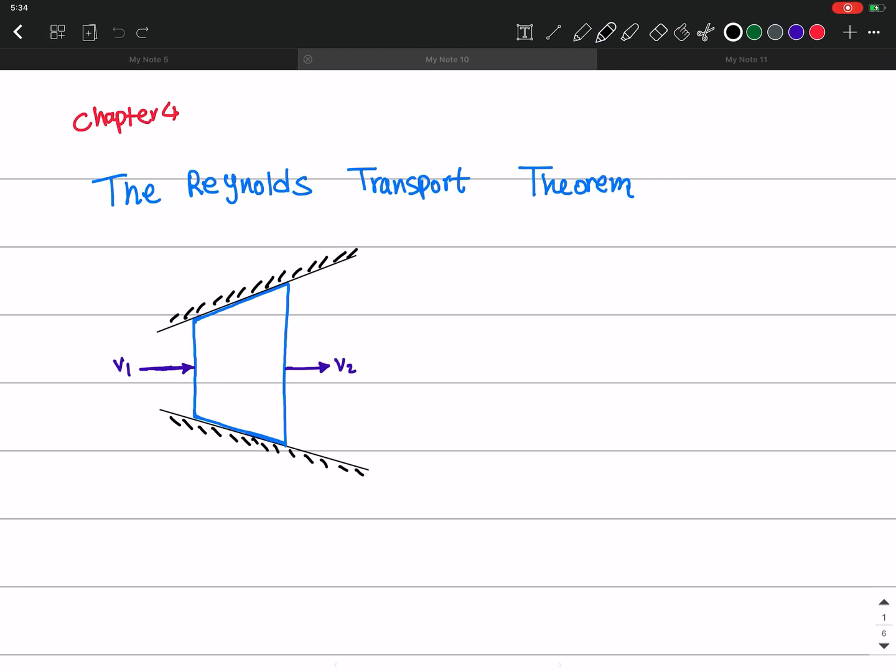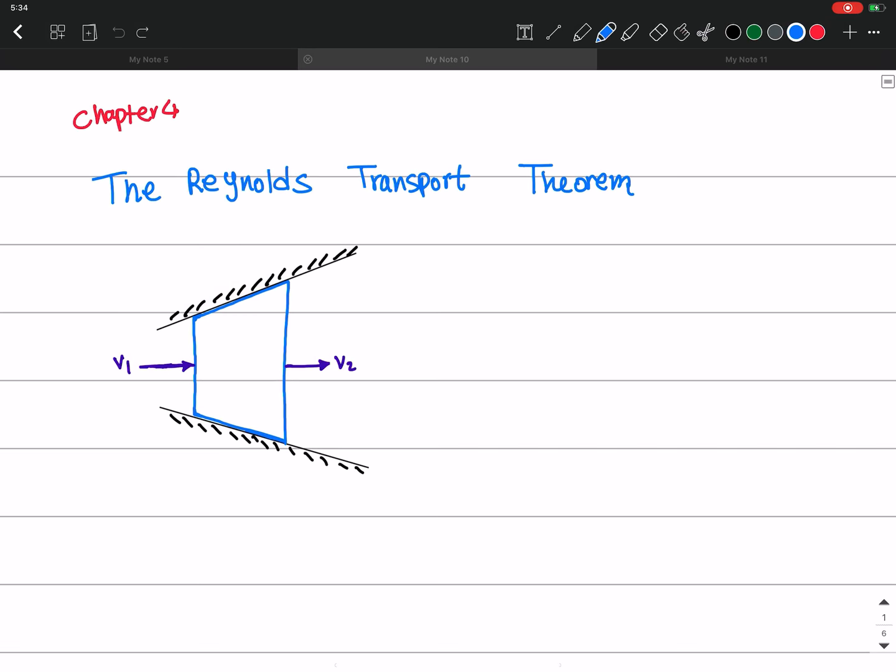So I start with this simple example and simple figure that is shown here. Here we have a fixed control volume of flow, and I will define what is a control volume. This is a very important concept because we will deal with it a lot in this course.